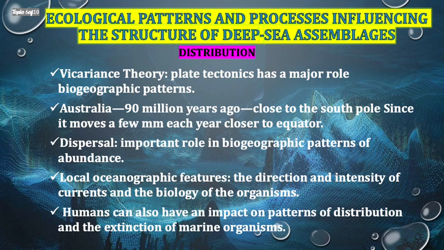And another influencer of the dispersal or distribution of marine organisms, as well as their extinction, is of course the intervention of humans. For example, pollution has a great effect on the distribution pattern of marine organisms. Of course, if the water in a habitat is polluted, the organisms that live there may find another home, and that changes the ecological pattern of their distribution.